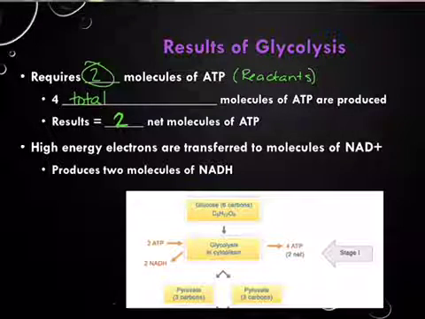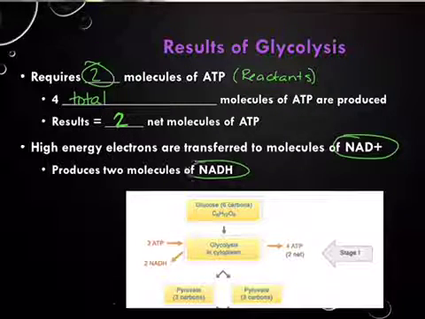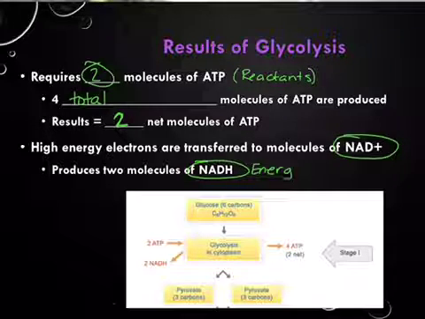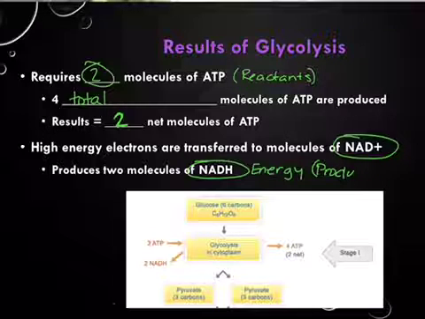So we also have high energy electrons that get transferred to NAD+, which makes 2 molecules of NADH. So remember, this is another energy molecule, or another 2 energy molecules, and those are another product, all of which we summarized on the slide before.